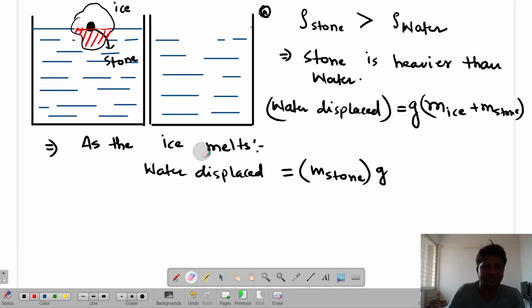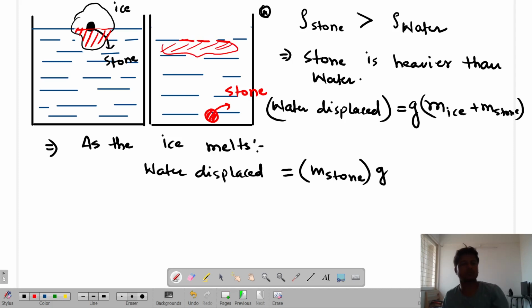It will not increase. It will decrease because the water displacement is only present due to this stone which has started sinking. Are you able to get me or not? And the ice water will just submerge it.